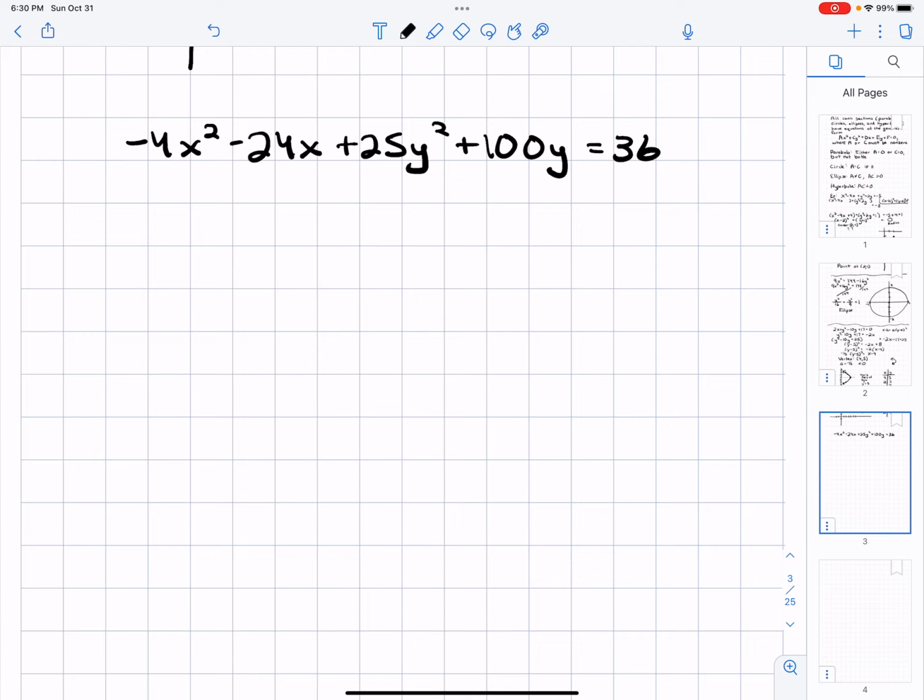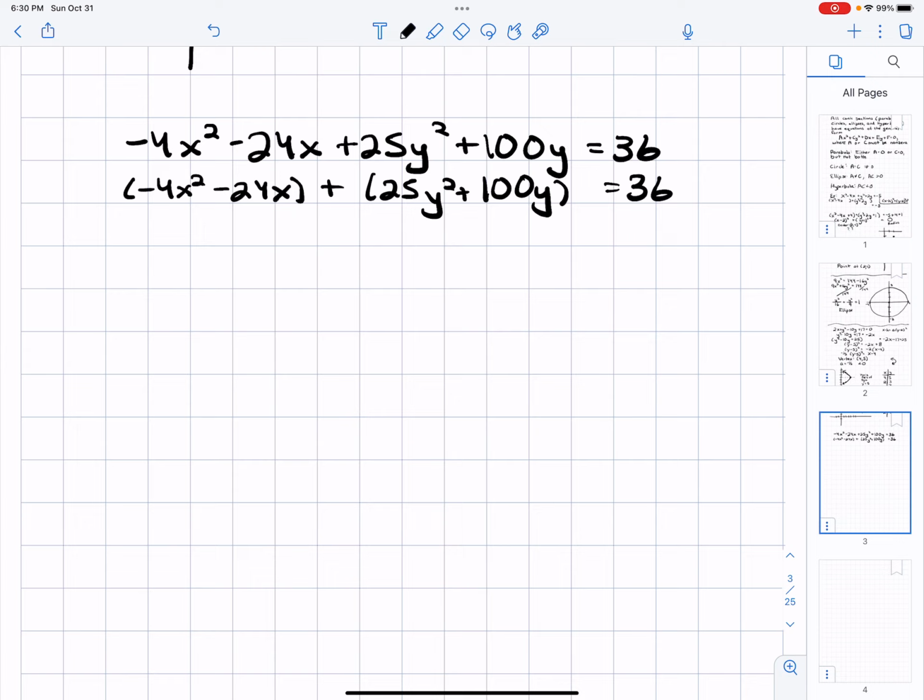So I'm going to start that process of trying to get it into a standard form. Whether it's ellipse or hyperbola, the process is the same. So let's group together the x's. Let's group together the y's.